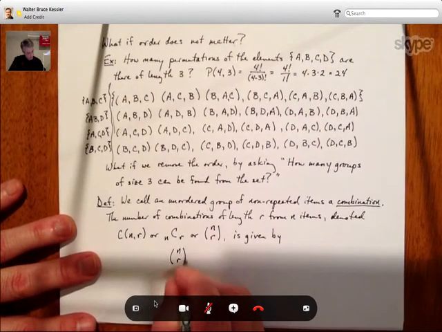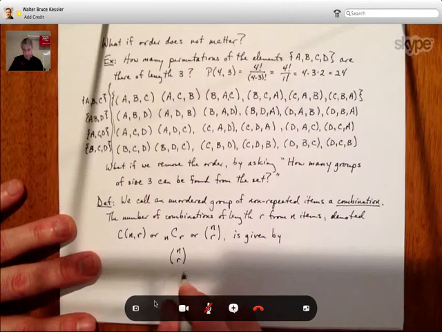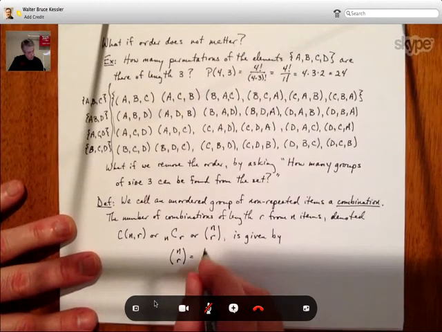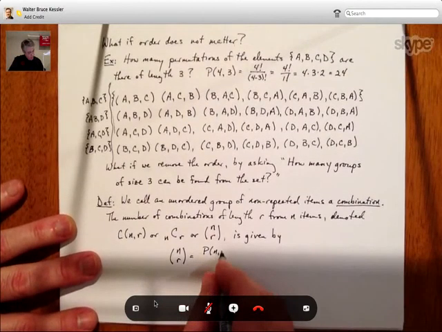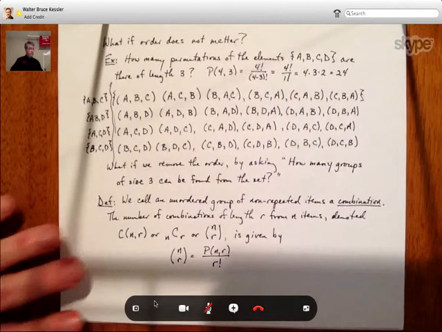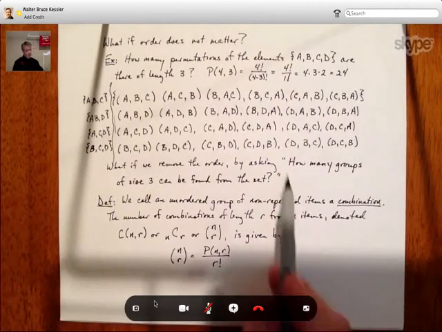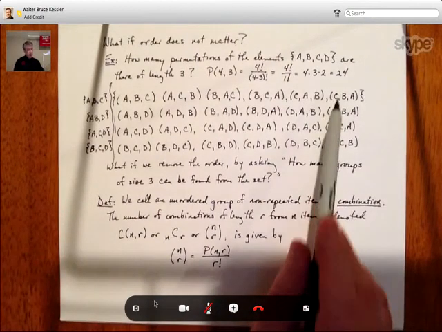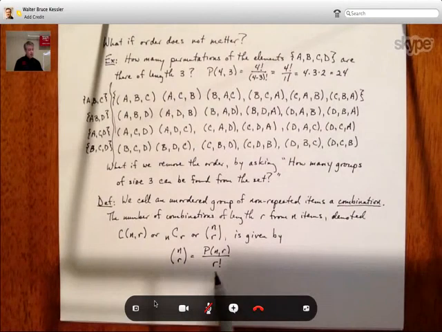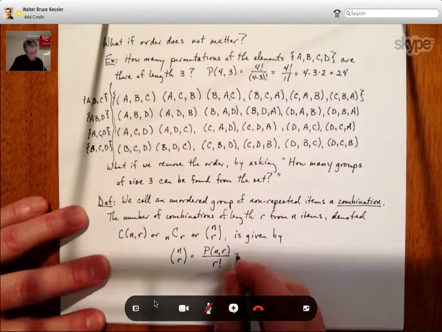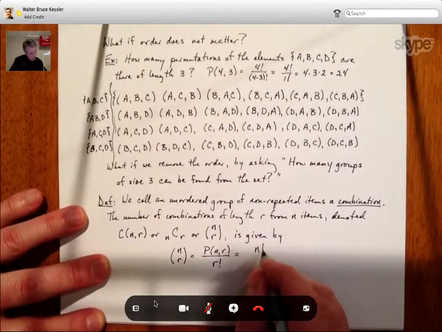It is given by n choose r. It's the permutations n pick r, but then we divide out the order, if you will. Right, with 3 things in there, we divided by 3 factorial. With r things in there, we would divide out r factorial.